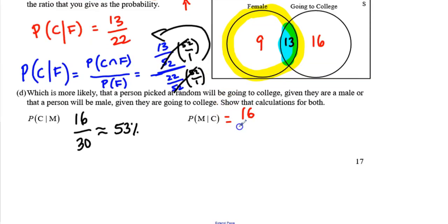So you can see that those are not the same thing. They have different denominators, same numerator. This works out to be a slightly different percent. It's 55%. And so it says, which is more likely, and we could state that it is more likely that a person picked at random will be a male, given that they're going to college.